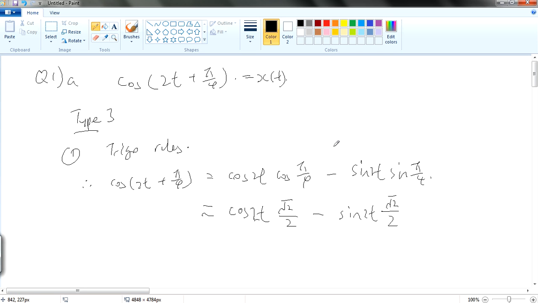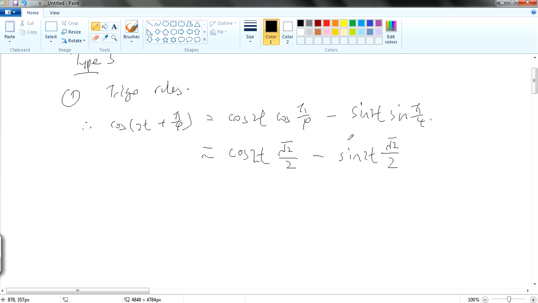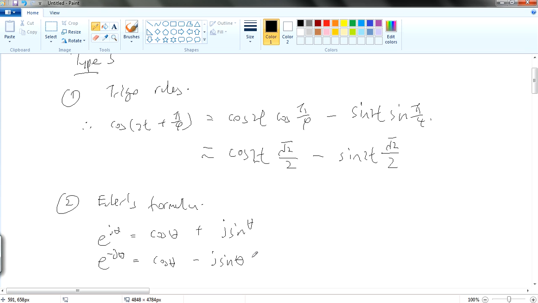Okay, and then this is the point where I'm so stuck with it. For this portion I would use Euler's formula, where e^(j theta) is equal to cosine theta plus j sine theta, and e^(-j theta) is equal to cosine theta minus j sine theta.